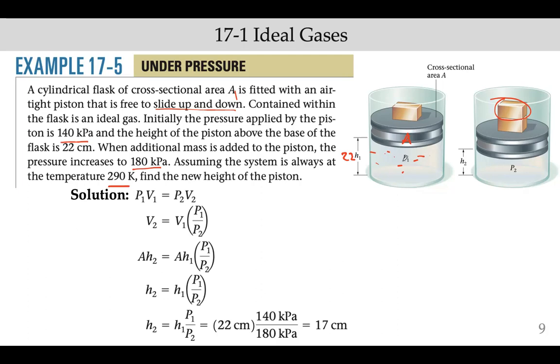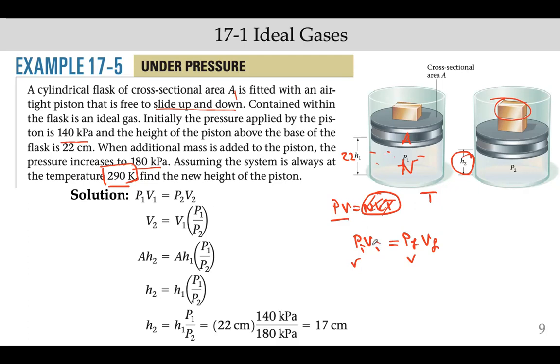First of all, the number of molecules N is the same, and it's kept at the same temperature, so T is the same. So when you write PV equals NkT, these are the same, so this part is constant. Then I can use P initial V initial equals P final V final. Now, the pressures are given. What's asked here is H2, the final height.